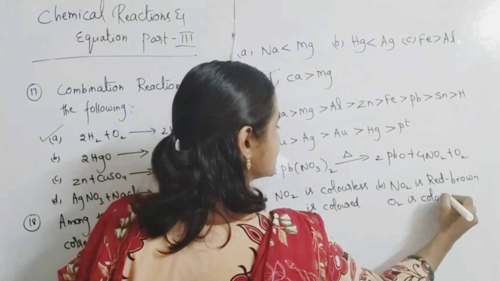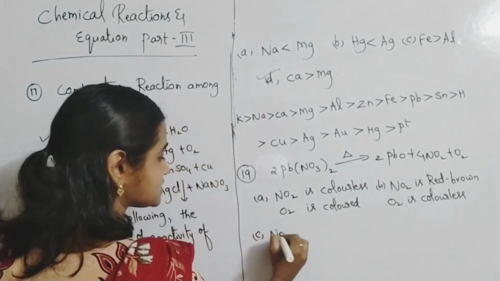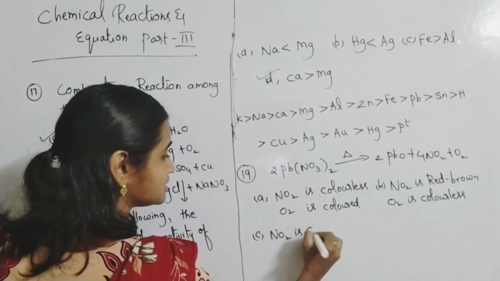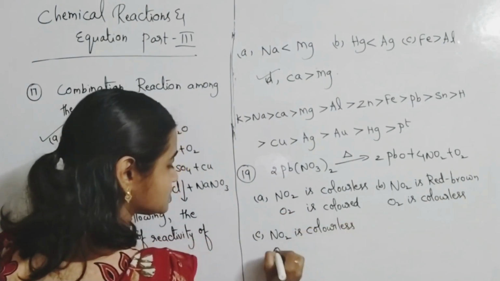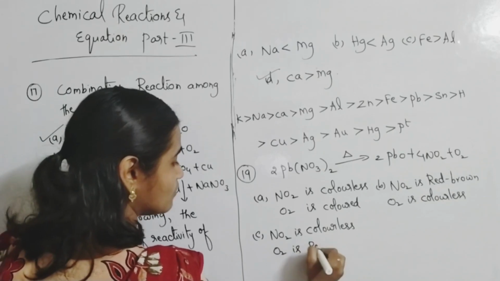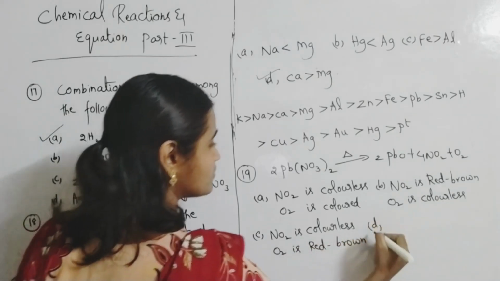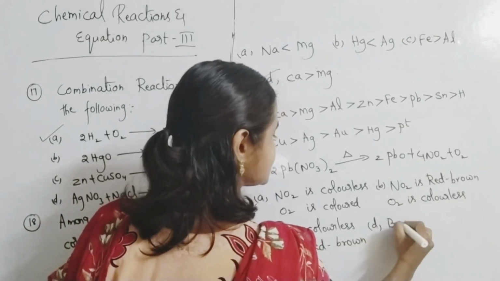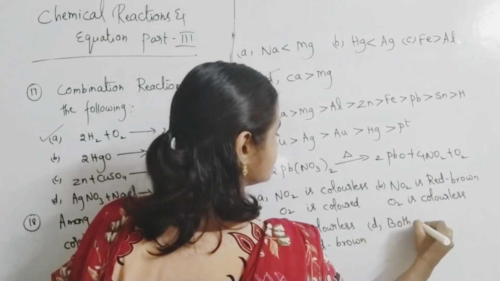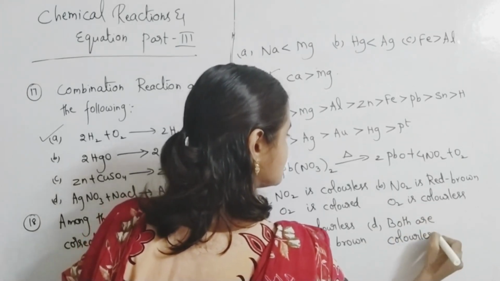Option C: NO2 is colorless, O2 is reddish brown. Option D: Both are colorless. So what is the option?